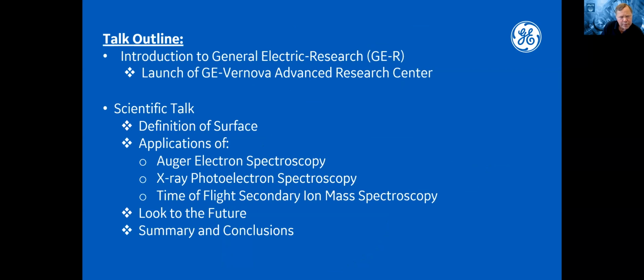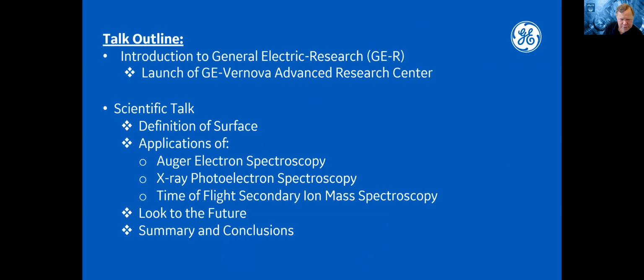So an outline for the presentation, I'm going to start by talking about the Research Center, the launch of the GE Vernova Advanced Research Center, and then we'll dive into the scientific talk. The first part is definition of a surface. You ask 10 people, you'll probably get 8 different answers. So just need to lay the foundation there.